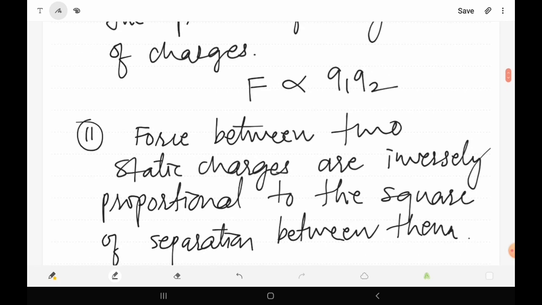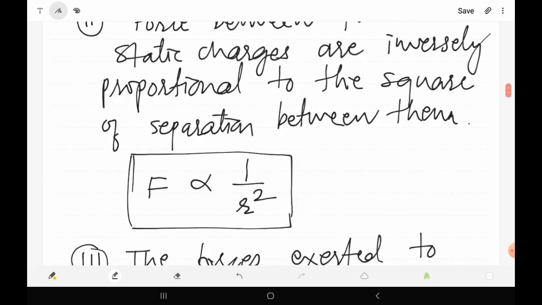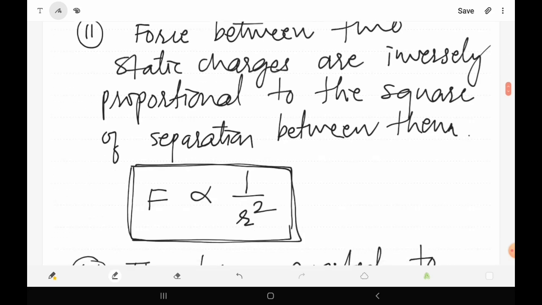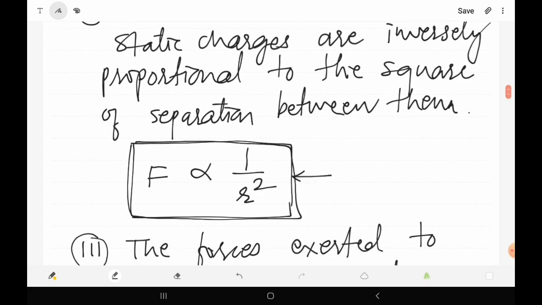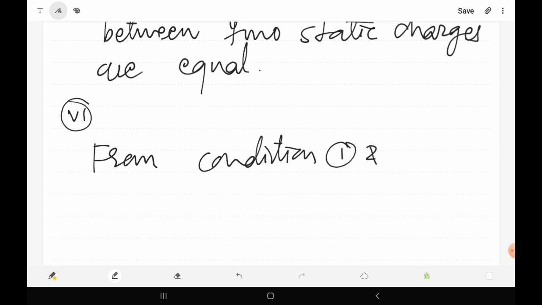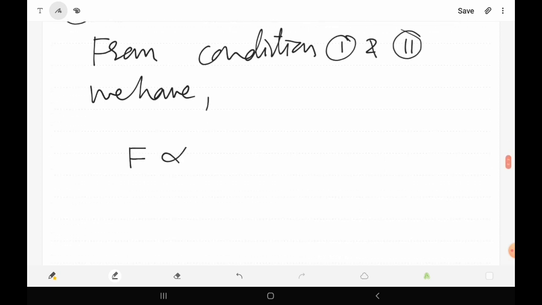Now if we combine the first and second conditions, that F is proportional to q1 and q2 and F is proportional to 1 upon r square, then from the first and second conditions we may write F is proportional to q1 into q2 upon r square.